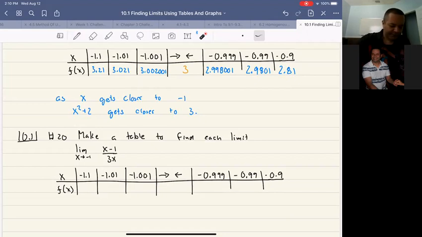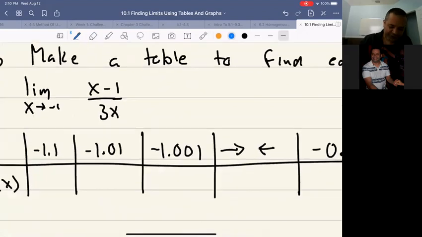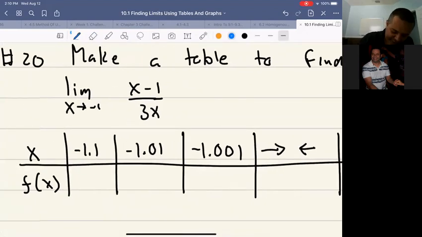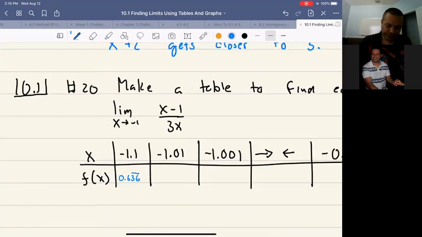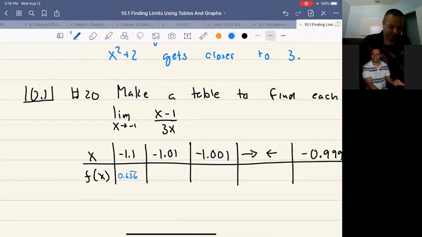Negative 1.1 minus 1 divided by 3 times negative 1.1. I'm going to need to zoom in a little bit here. Well, 0.636, and the 36 is going to be repeating.